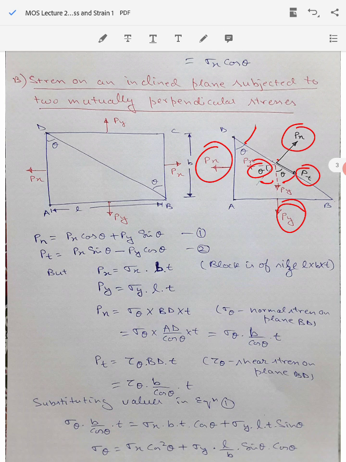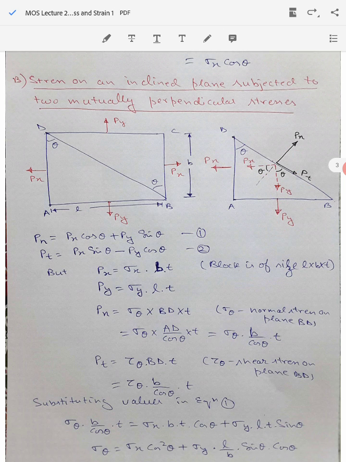Okay. So after drawing this figure, I am now ready to resolve the forces so that I can determine the value of Pn and Pt. So let's start first with the case of Pn, the load normal to the plane BD. The value of Pn will be obtained by resolving the forces Px and Py in the direction of Pn.